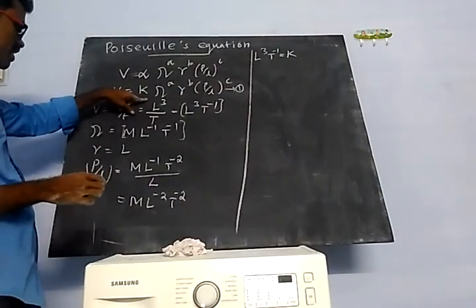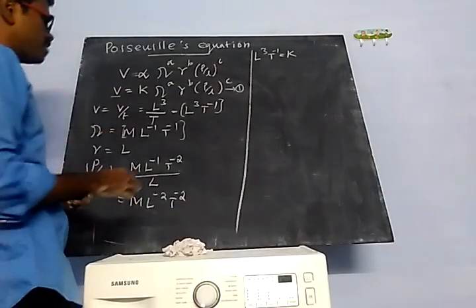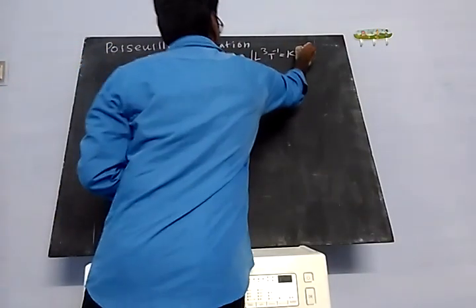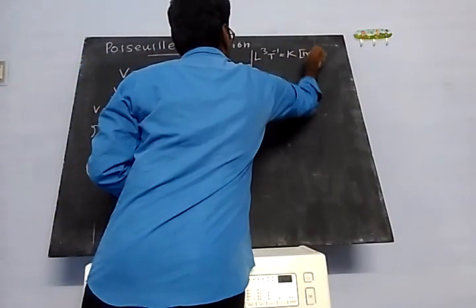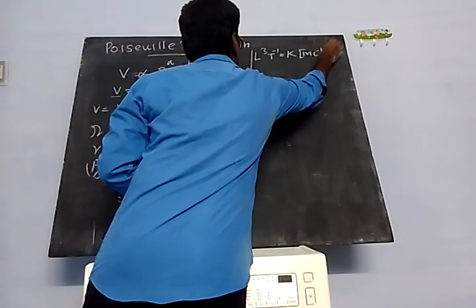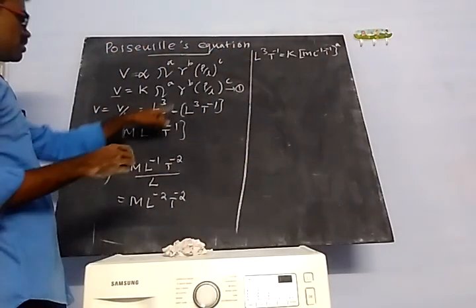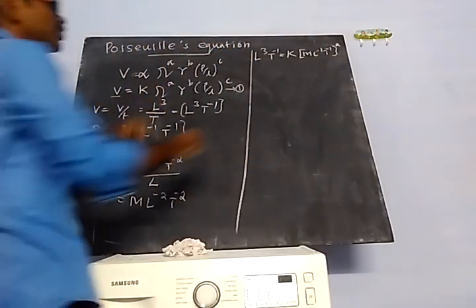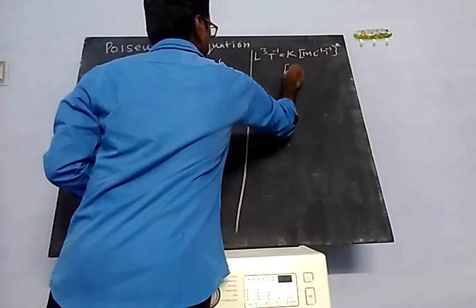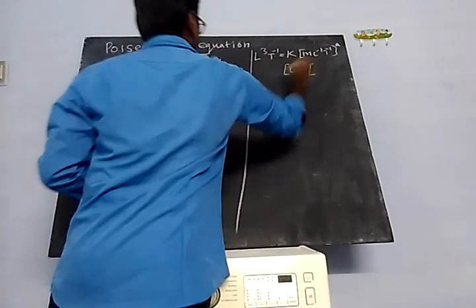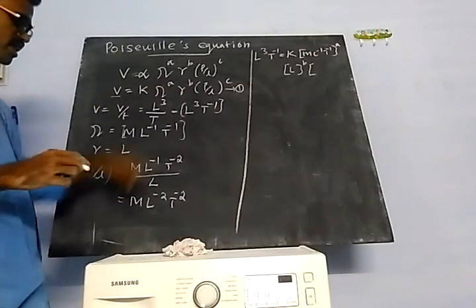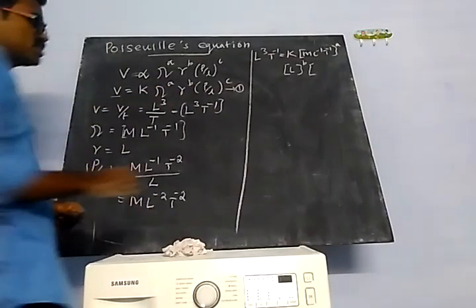Eta has the dimensional formula M L power minus 1 T power minus 1, to the whole power a. Next, the radius of the tube is L, to the power b, and the pressure gradient is M L power minus 2 T power minus 2.